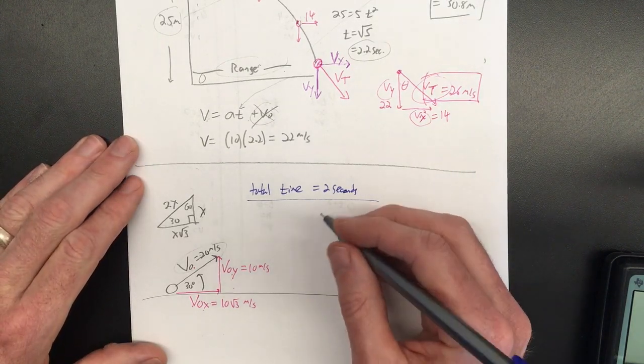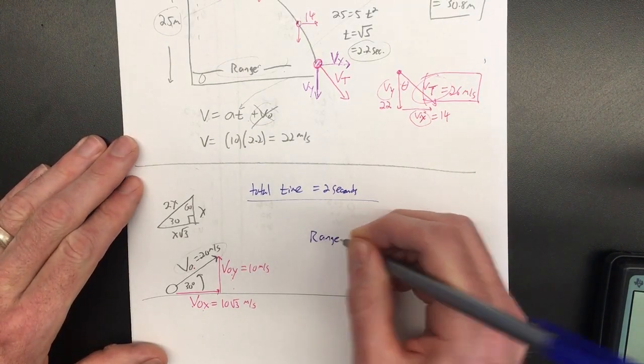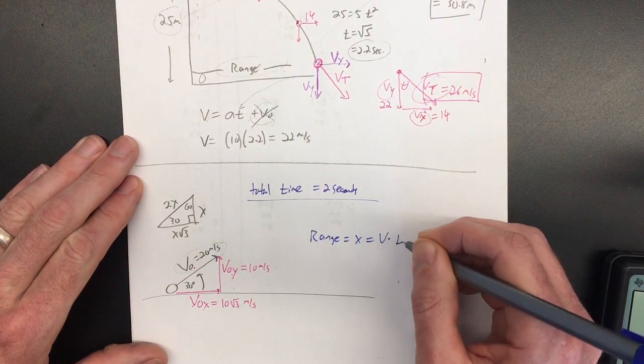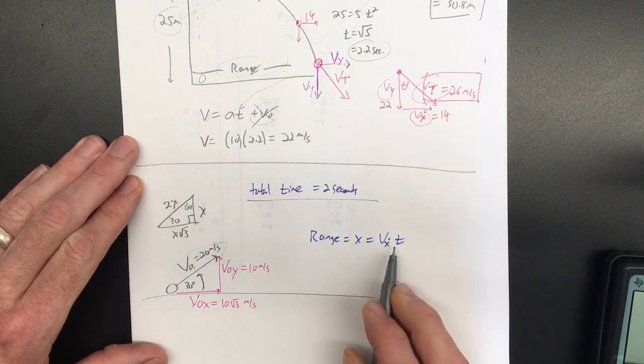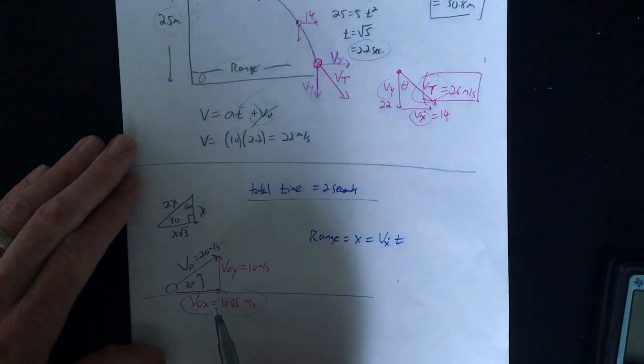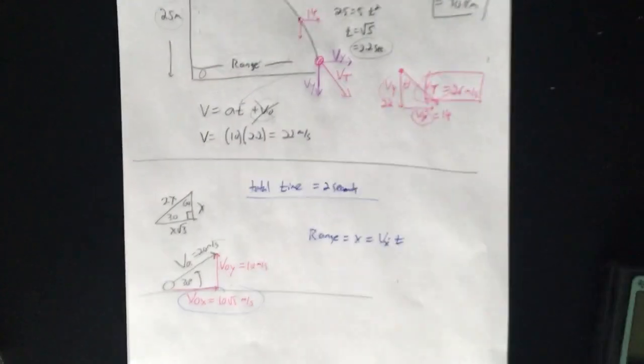So if we wanted to find the range here, that's the x direction. So that's going to be the x velocity times the time. Here's our x velocity. The initial velocity in the x direction is always going to stay the same. It's always going to be 10√3 meters per second in that direction.